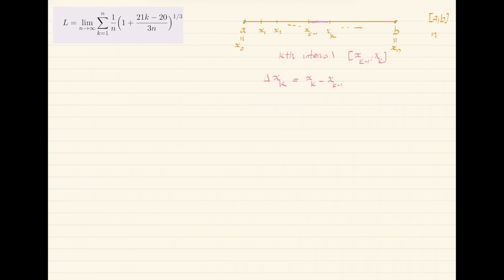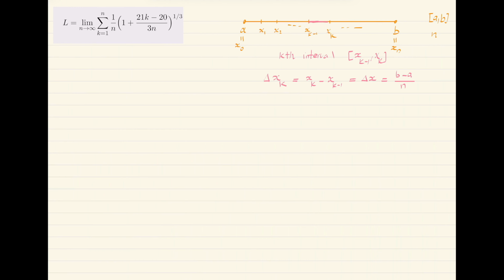But for the case of a regular partition, all of them are equal because I am chopping up the interval into equal pieces. So instead of denoting the length by delta x sub k, because all of them are the same, I will just simply show them with delta x. And of course you know that this delta x is 1/n of the total length. In principle, the total length is b minus a, and I divide it by n.